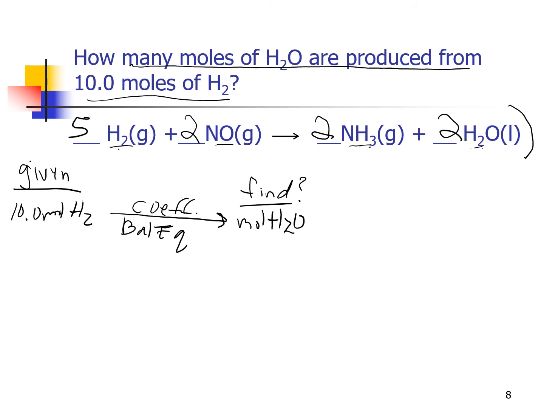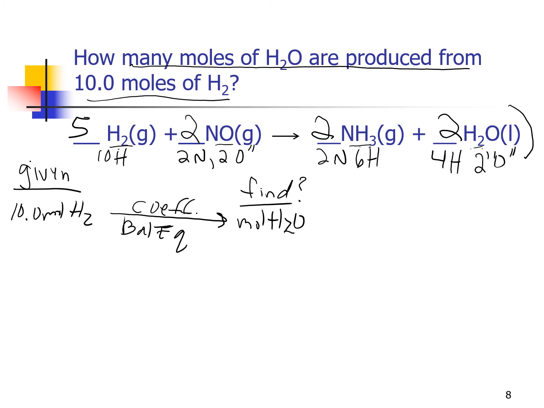So 5 times 2 hydrogens gives me 10 hydrogens. 2 times NO gives me 2 N's and 2 O's. 2 times NH3 is 2 nitrogens. 2 times 3 hydrogens is 6 hydrogens. 2 waters is 2 times 2 for the hydrogens. We have 4 hydrogens. And 2 times the oxygen gives me 2 oxygens.